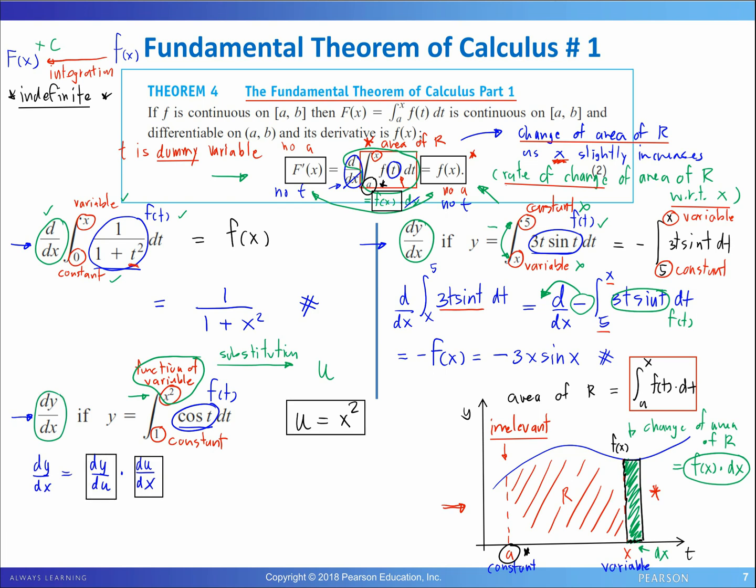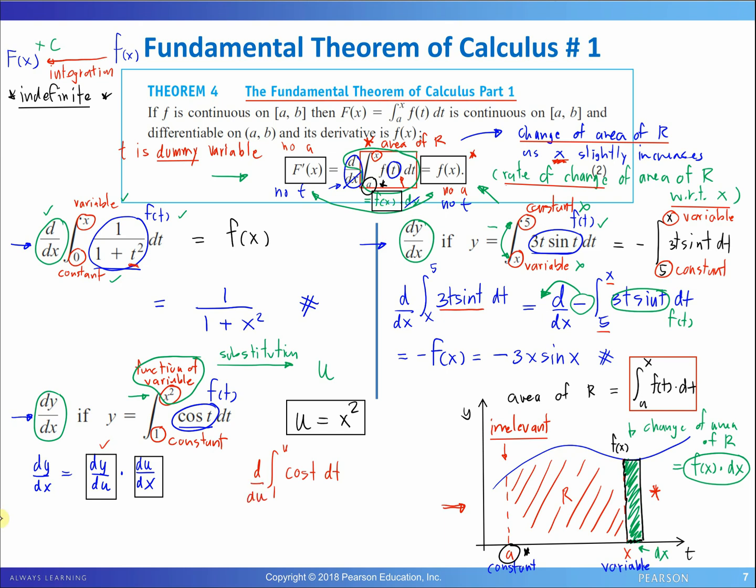Let's start with this one, dy by du, which is d of y, and that is the integral of cosine t dt. The starting point is 1, the end point used to be x squared, but now we use the substitution technique, so it became u. And then we need to differentiate this with respect to u.